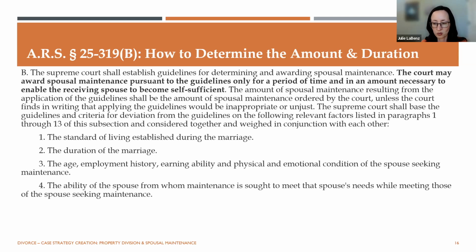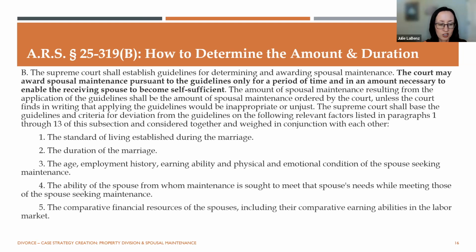So for the spouse requesting maintenance, how old are they? What's their employment history? What's their earning ability? What's their physical and emotional condition? And then the spouse who's being asked to pay, well, if they pay $500 a month in spousal maintenance, for example, then how does that impact their finances? Will they be able to meet their own reasonable needs if they're paying that amount?